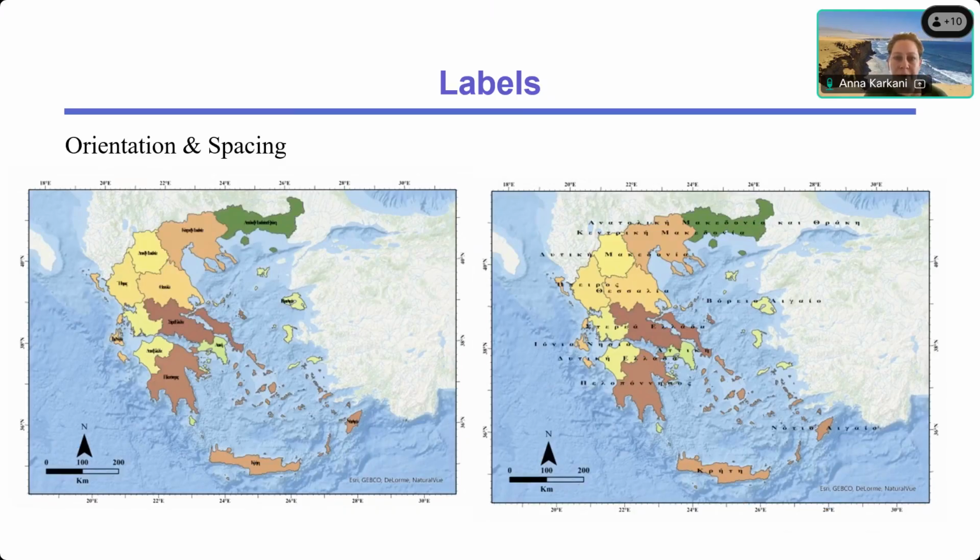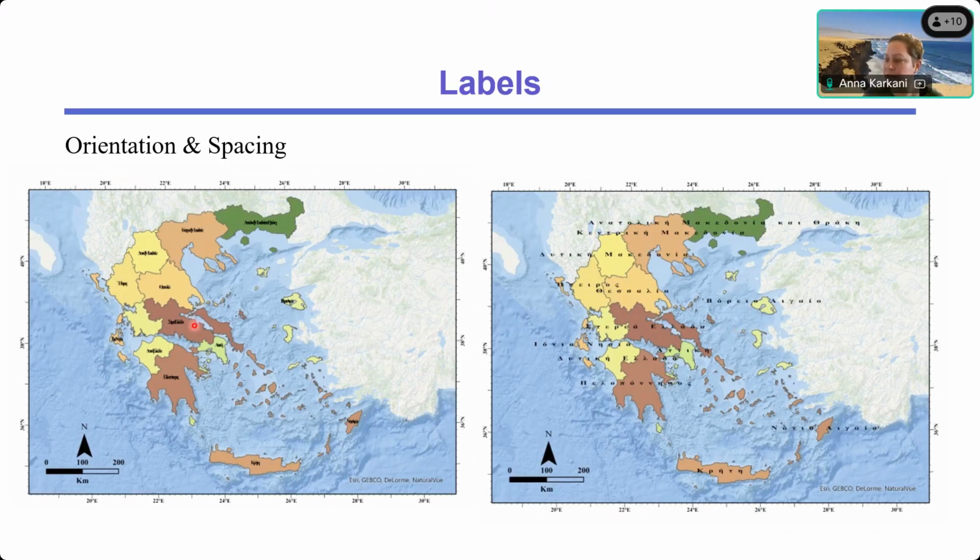And then the orientation and the spacing of the text in the labels is also important. Again, here you can see two poor examples, one on the left and one on the right. They're both bad examples of labeling. On the right, you have too much distance between the letters of the text, and the labels are placed on other regions instead of sticking to their place.